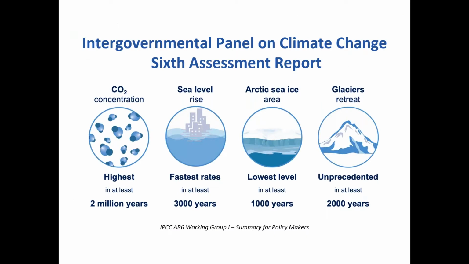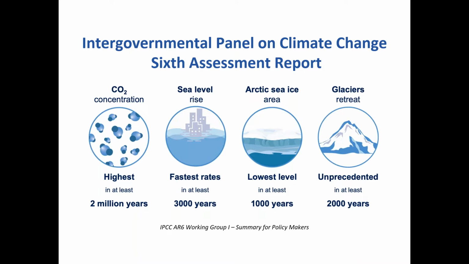The IPCC, the Intergovernmental Panel on Climate Change, you probably heard IPCC before, just came out with their 6th assessment report. Some of the highlights showing that our carbon dioxide concentration in the atmosphere is the highest it's been in over 2 million years. Sea level is rising at the fastest rate we've ever seen, well, at least in the last 3,000 years.